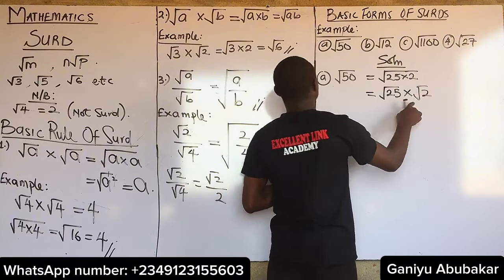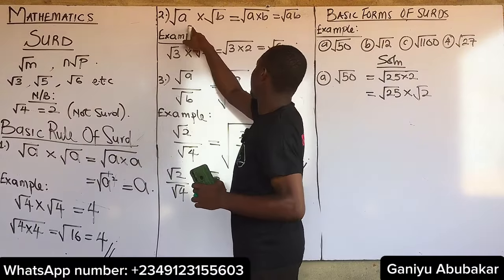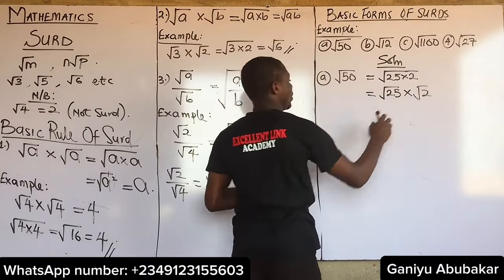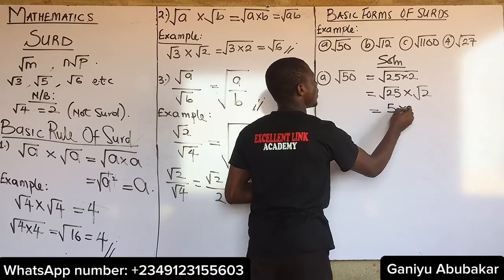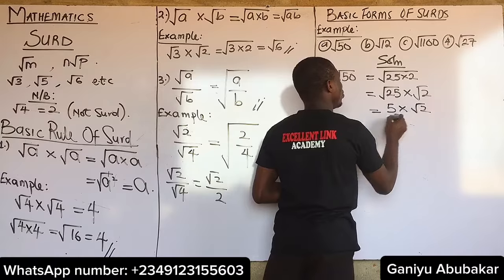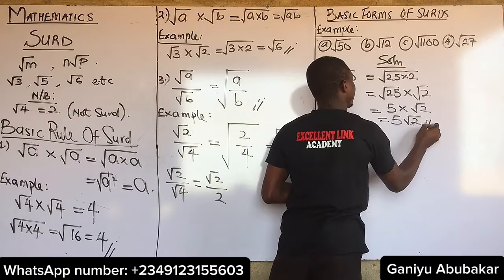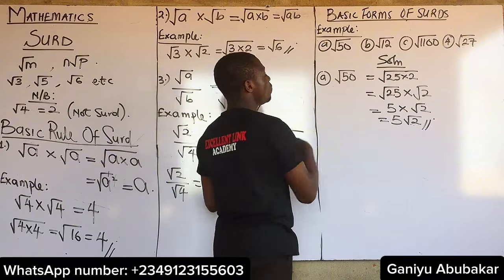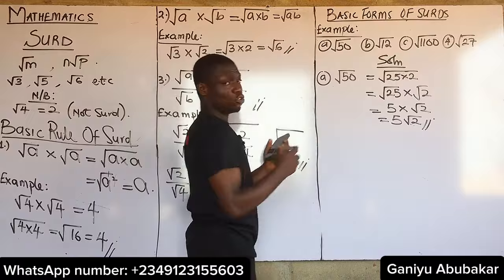This is still correct from this idea. I can take this back to this, right? What we know, root 25 is what? We give 5 times this root 2. So it means that I'll be having 5 root 2 as my answer. So root 50 in its basic form becomes 5 root 2.